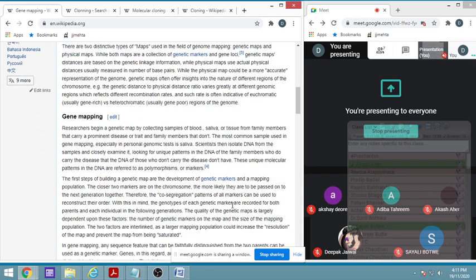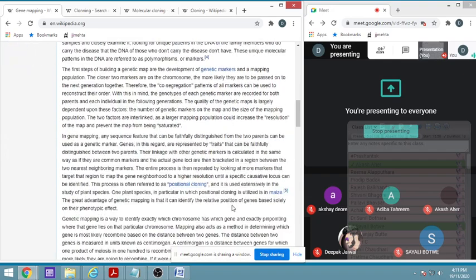Now gene mapping is done with various identification markers using various cloning techniques, and much research has been done. Particularly maize was used, and in animal science, Drosophila, a sort of fly, has been used.